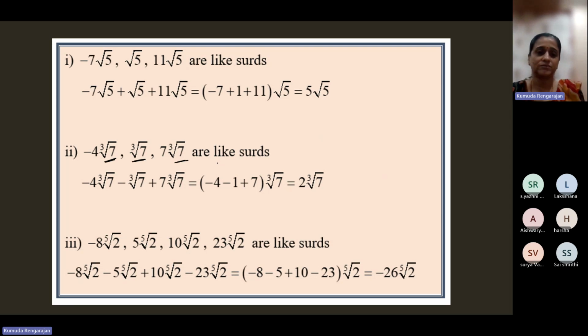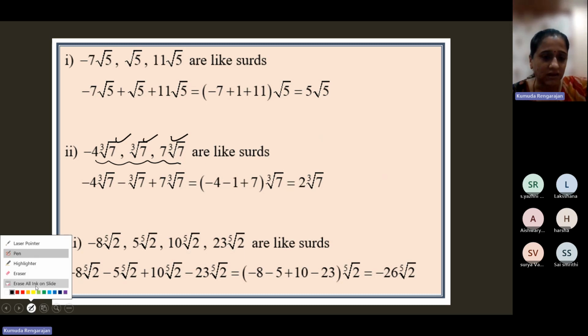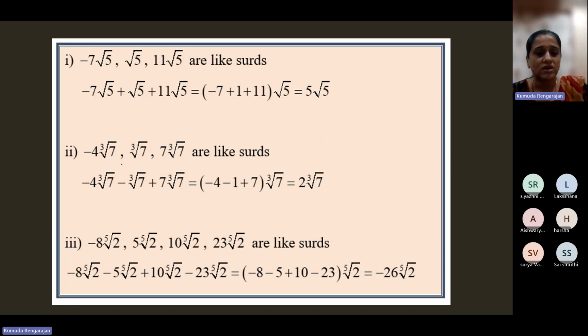So they're like surds. You can add or subtract them. I've just used different operations to explain how it works. Here I've separated the terms with a comma, just trying to understand that they're like surds, and I've used a minus operator between these two and plus between these two.